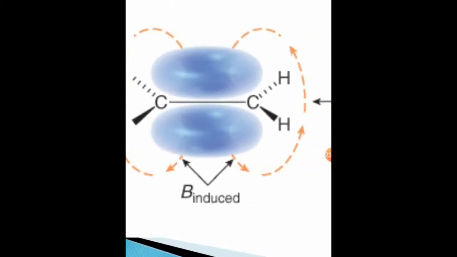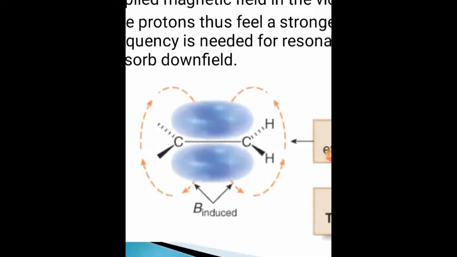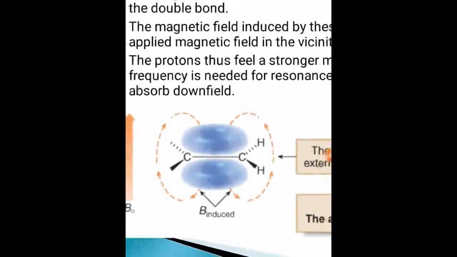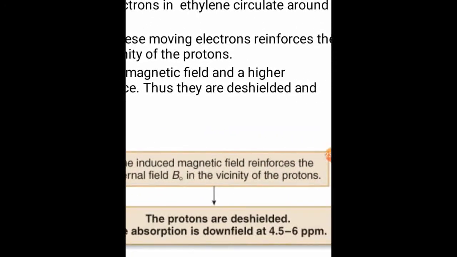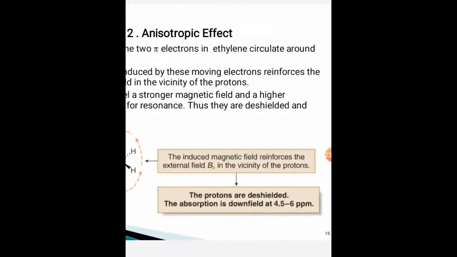When a proton comes in the de-shielded zone, it has a higher chemical shift value. So the ethylene protons have a chemical shift value from delta 4.5 to 6 ppm.